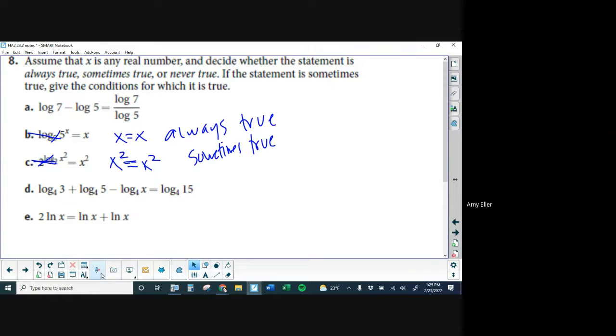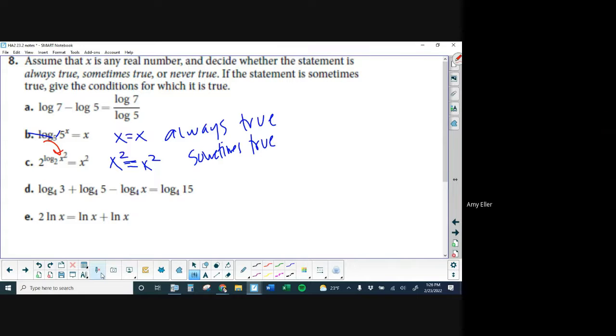Because the base and the argument have to be positive, and we forgot to check that. So if you look at C, if I put in any x's that I want, it's not true all of the time. If I put in an x value of what would give me a problem? -1 squared is positive, so that would be okay. -100.